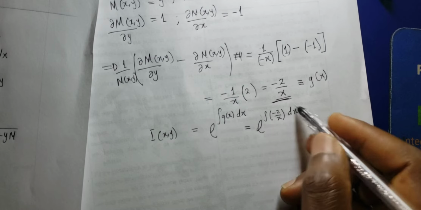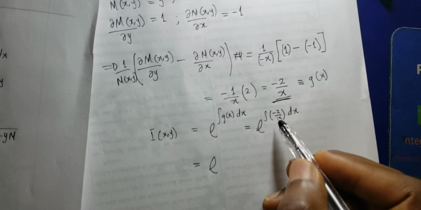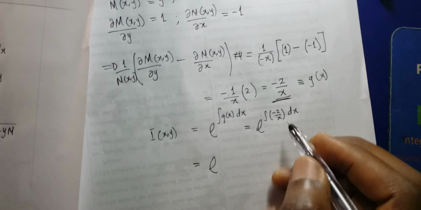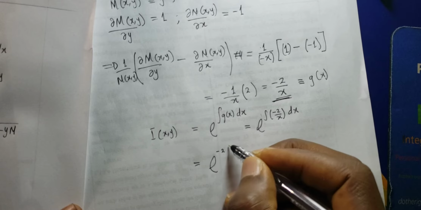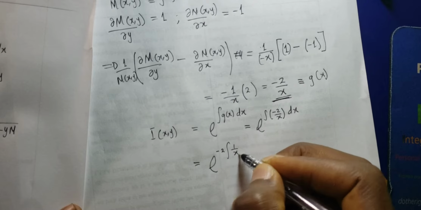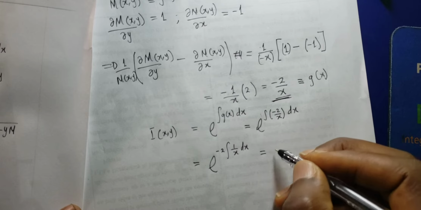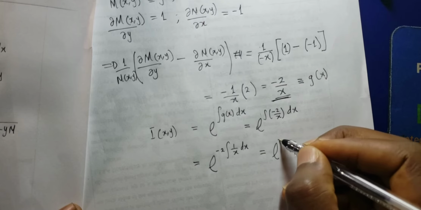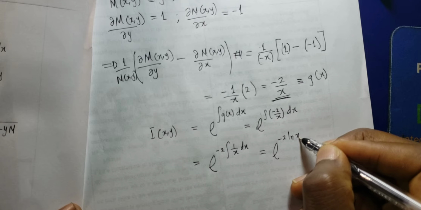So we're doing the integration here. What's the integral of this? Of course, minus 2 is a constant. You can move it out to simplify this a bit. Integral of 1 over x dx. We all know that the integral of 1 over x is ln x. So this is e raised to the power minus 2 ln x.